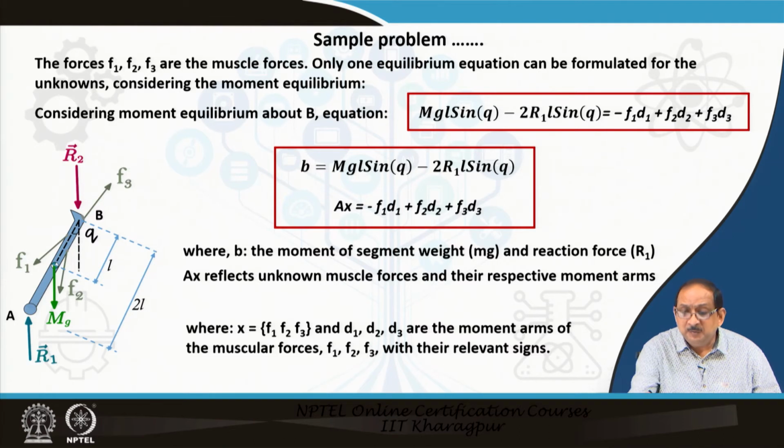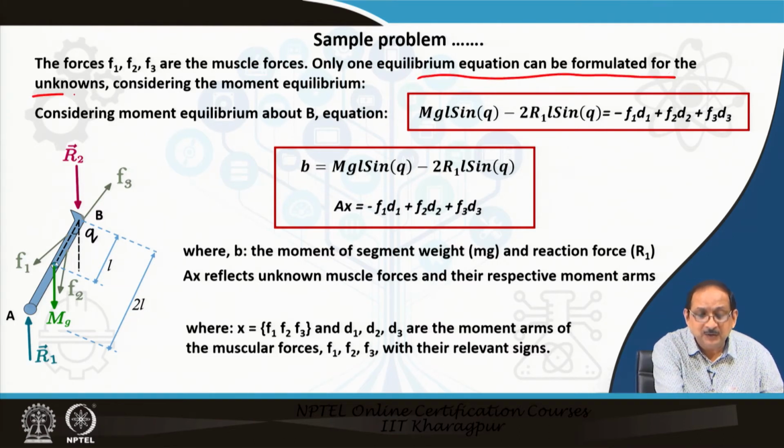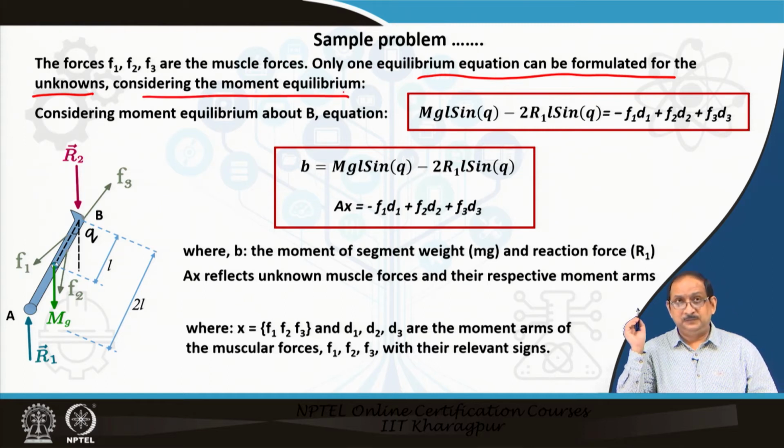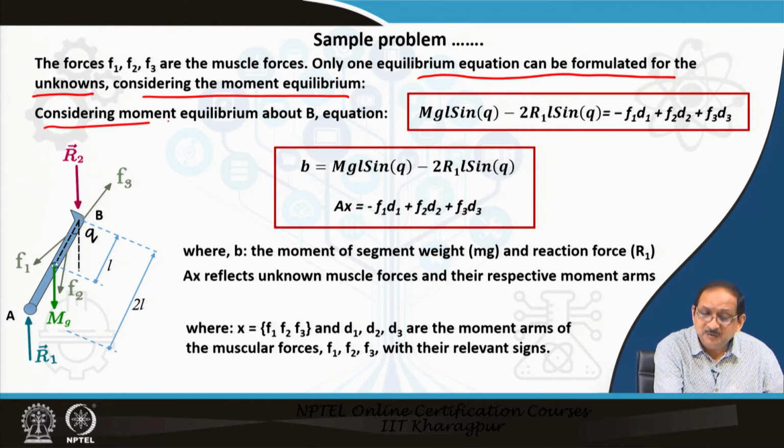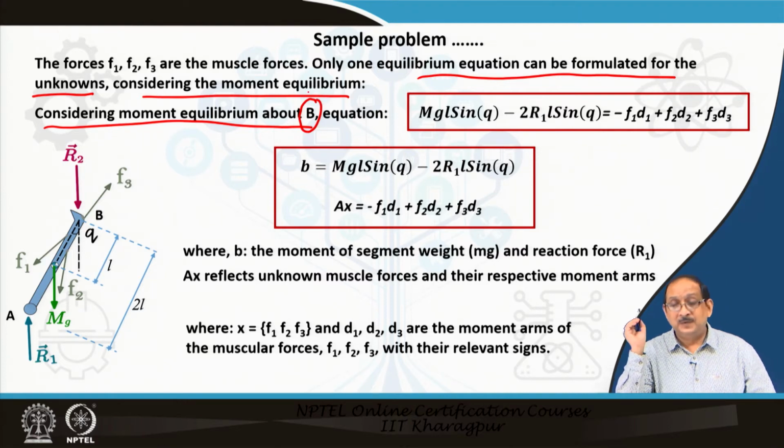Only one equilibrium equation can be formulated for the unknowns considering the moment equilibrium. So, considering the moment equilibrium at B, the equation can be written as shown in this slide.